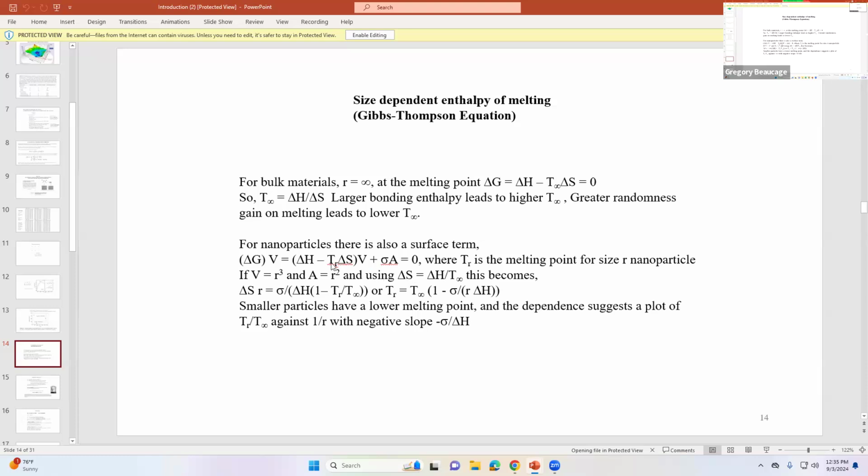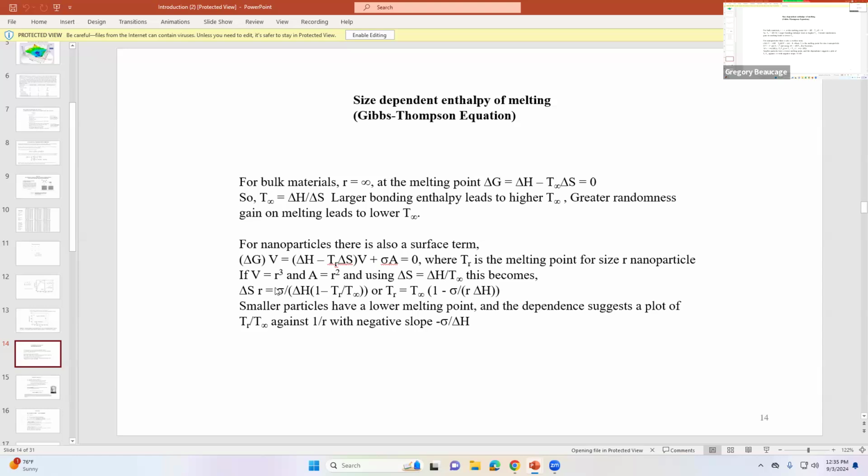Then you'll end up with an equation, and since it equals 0, you can divide by r squared. So you can solve for r. It's going to be sigma over this thing, negative. If you substitute in for delta S, delta H over T infinity, you end up with this expression, sigma over delta H times 1 over T_R divided by T infinity.